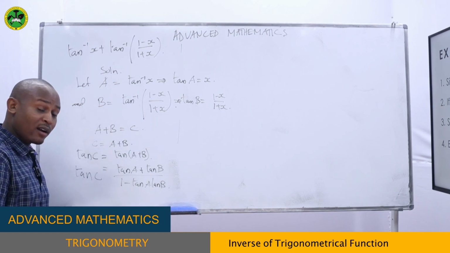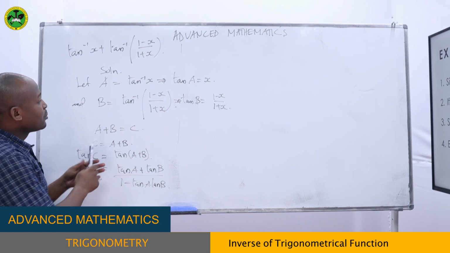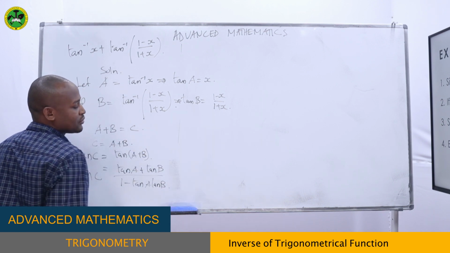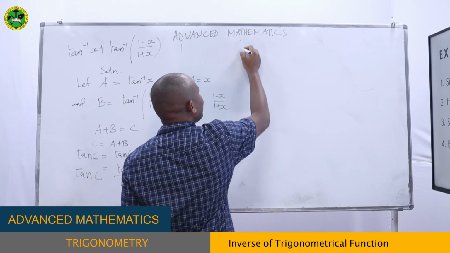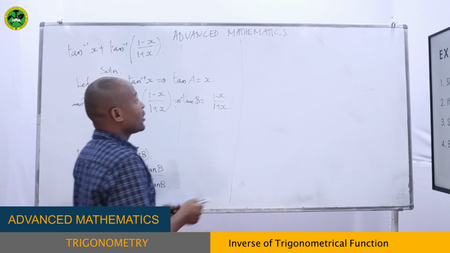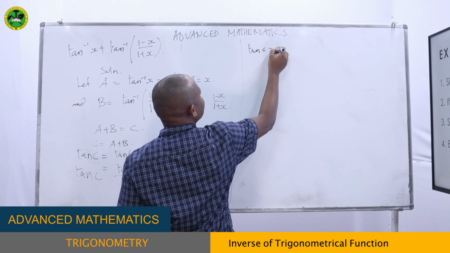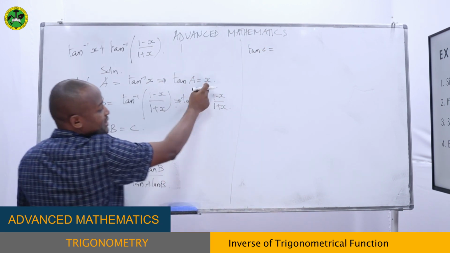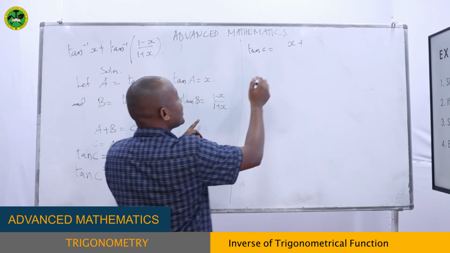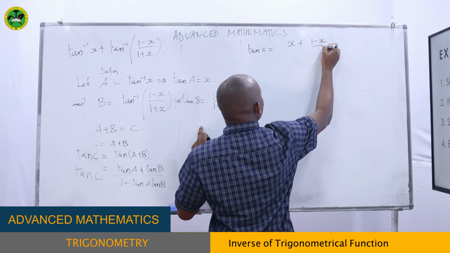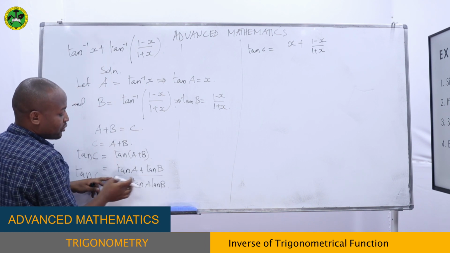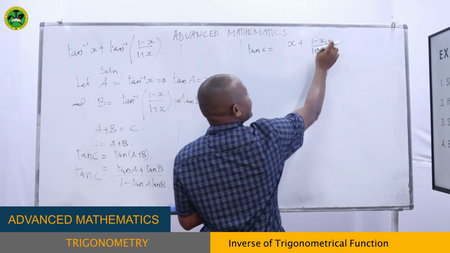In the place where there is tan A, I will put the value of tan A, and where there is tan B, I will put the value of tan B. So we're going to have tan C equals x plus (1 minus x) over (1 plus x), over the denominator. Most students get confused when they see this line here and that thing there.